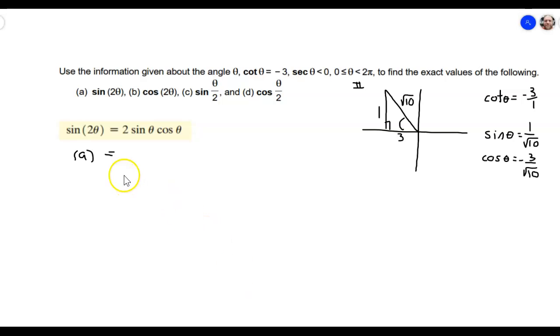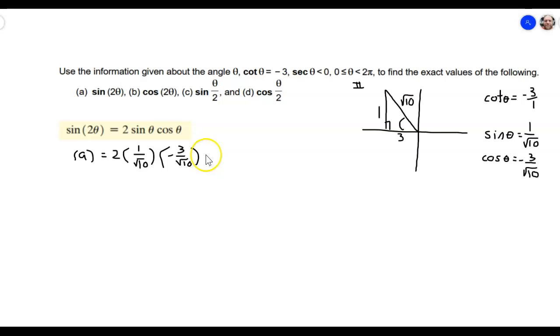Let me kind of, all right. So the sine of 2 theta is going to be equal to 2 sine of theta times the cosine of theta. The sine of theta is 1 over root 10, so that's 1 over the square root of 10 times the cosine of theta, which is negative 3 over root 10.